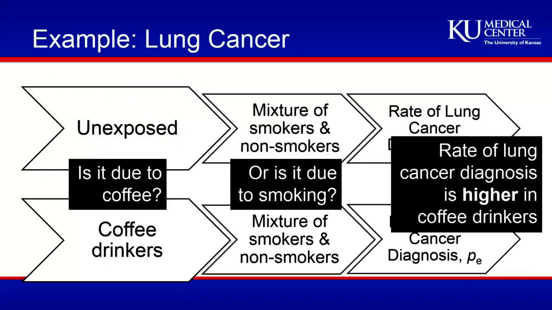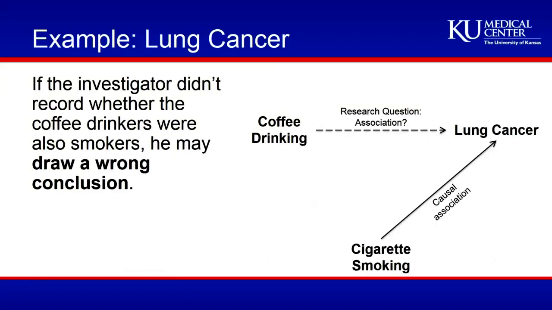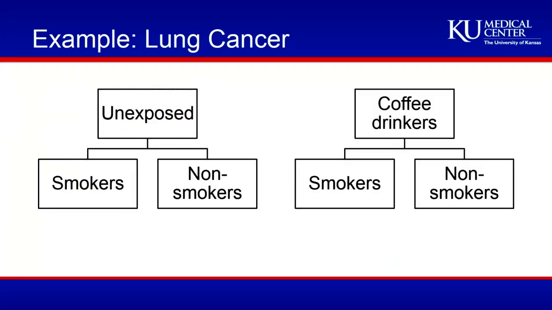So the problem here is, again, the same problem where we do have a potential confounder, but now that confounder is not quite as associated with the behavior of interest.